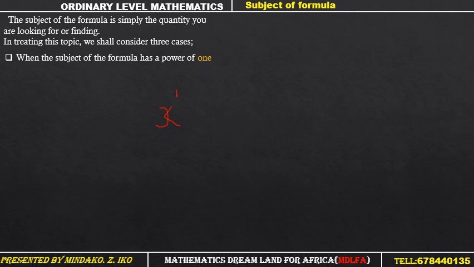But when you have a power of 2 here, that is different. If there is a 2 here or 3 or 4 or 5, that is different from this case.